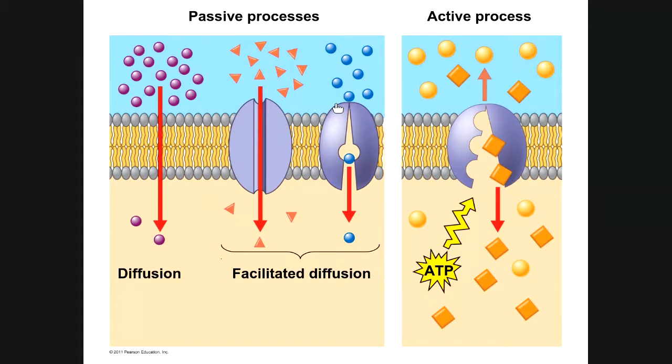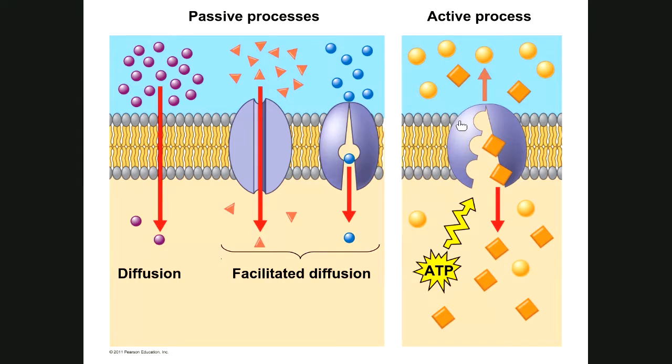The key difference with the active process is that active processes of membrane transport do require energy in the form of ATP, and active processes always require transmembrane proteins called carrier proteins. This is what they're showing you here.